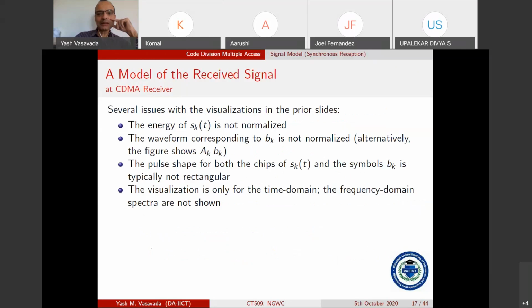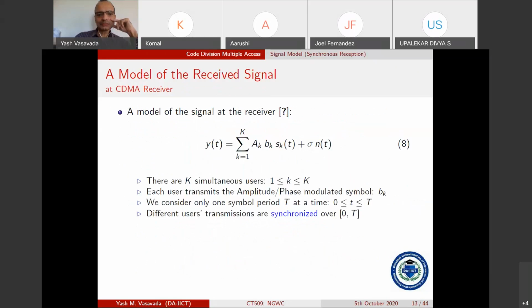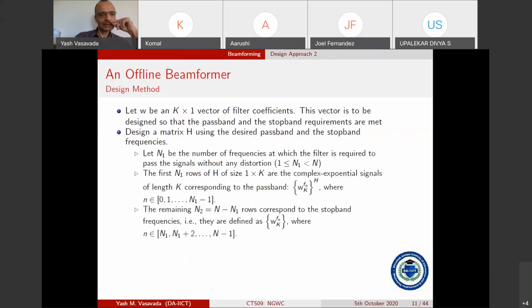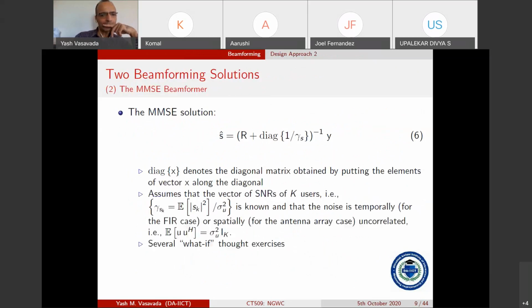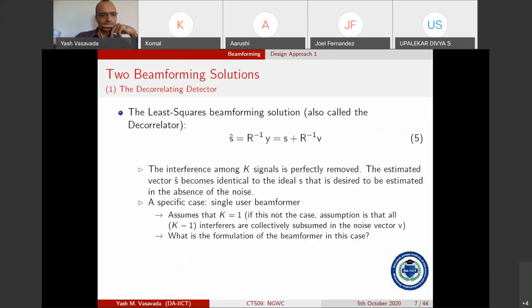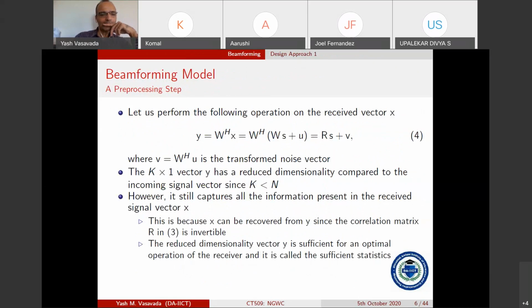Maybe let me go back. Even in this notation, what I'm saying is this vector Y, I can say that this vector Y is the single user matched filter output.